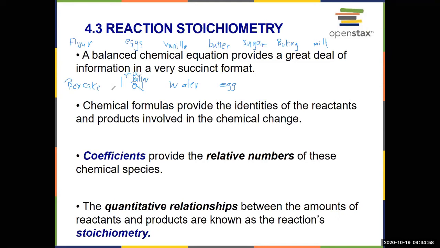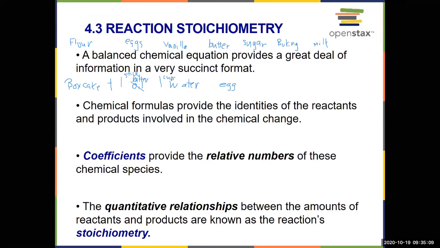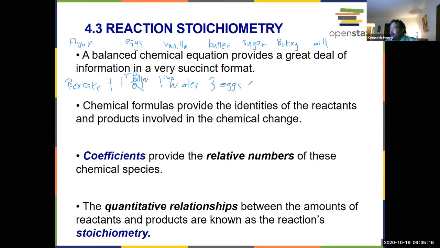Usually around a cup. Okay, about a cup. So 1 cup. And how many eggs you said? Like 2 or 3. Yeah, 3. Okay, 3 eggs. Okay, and that's going to give me my cake.